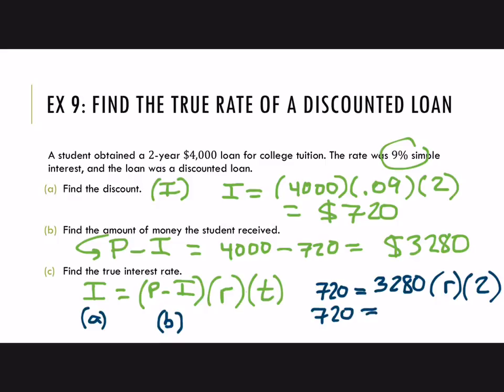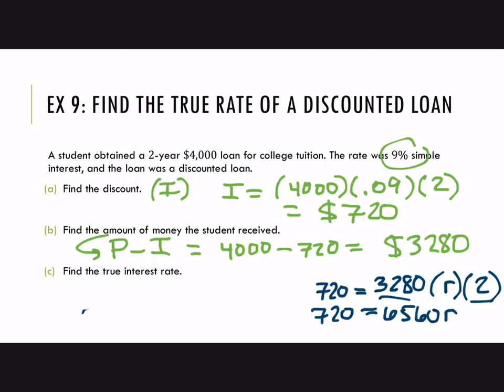So 3,280 times 2 is 6,560. Now to solve for R, we want to divide by 6,560.